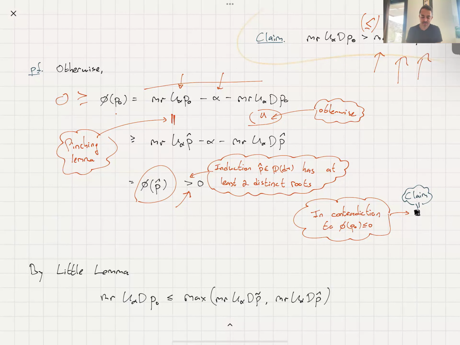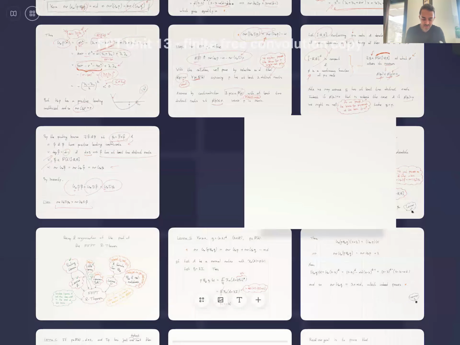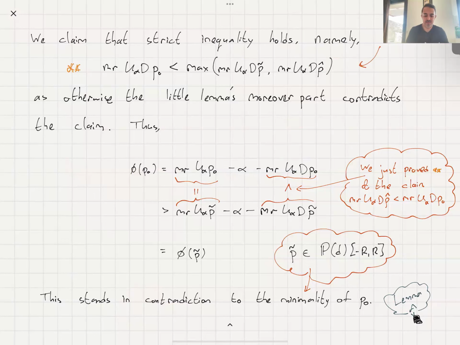And by the little lemma, kind of orthogonal to that, we also know that the maximum root of U alpha d of p0, this is the sum of these two, everything is rooted. So the maximum root of this thing is at most the maximum of the maximum roots of the individual, p tilde and p hat, or U alpha d of those. So what I claim is that actually there is a strict inequality.